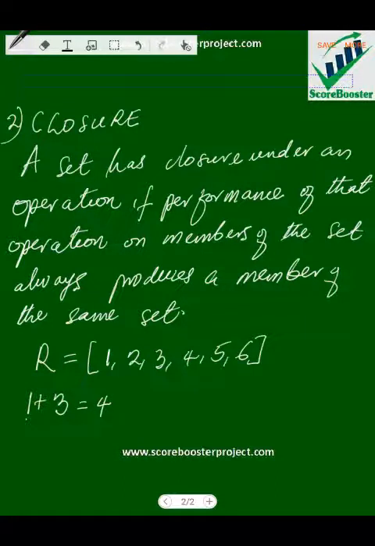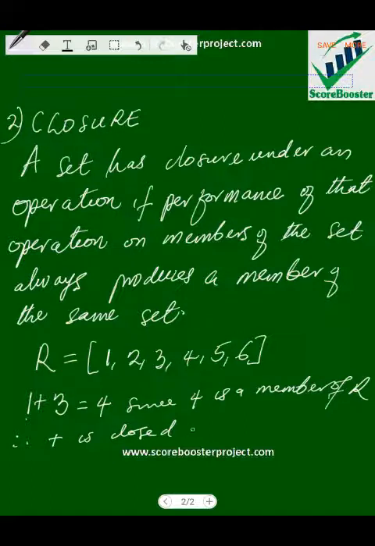Look at it. 4 is also a member of this set. So since 4 is a member of R, therefore I can say plus is closed in R.